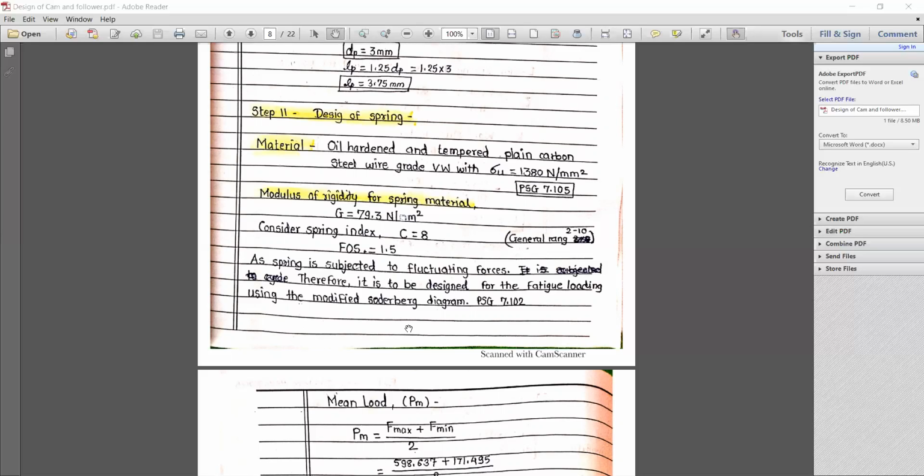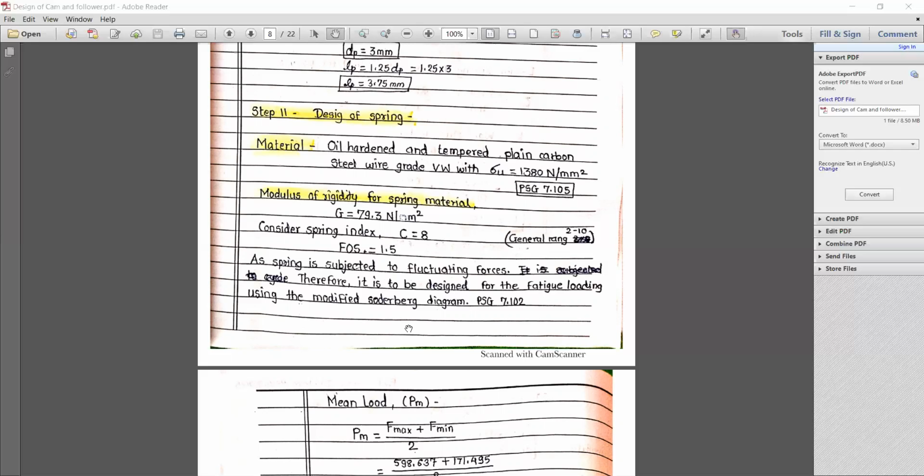The modulus of rigidity of the spring material, G, is equal to 79.3 Newton per mm square. And consider the spring index C equal to 8. Generally it is considered between 4 to 10. Factor of safety is considered as 1.5.